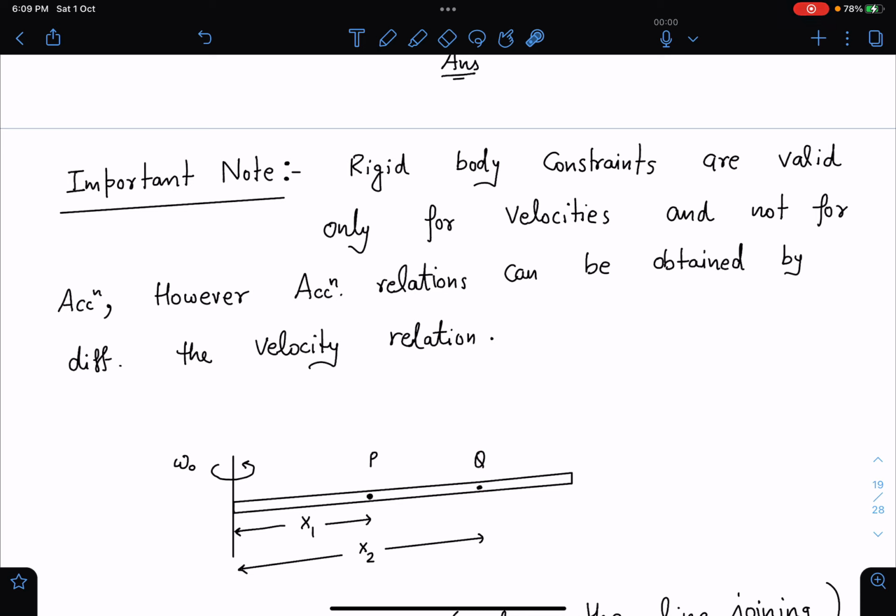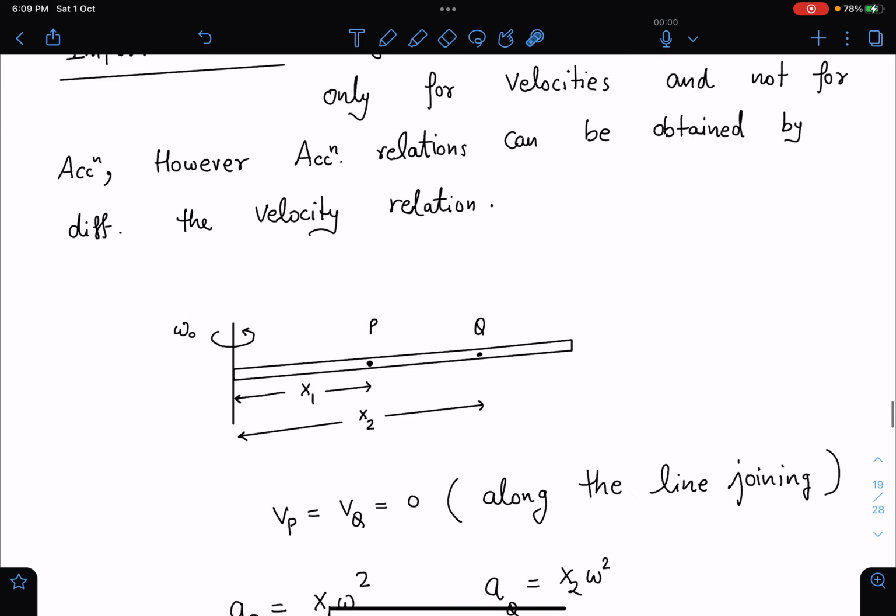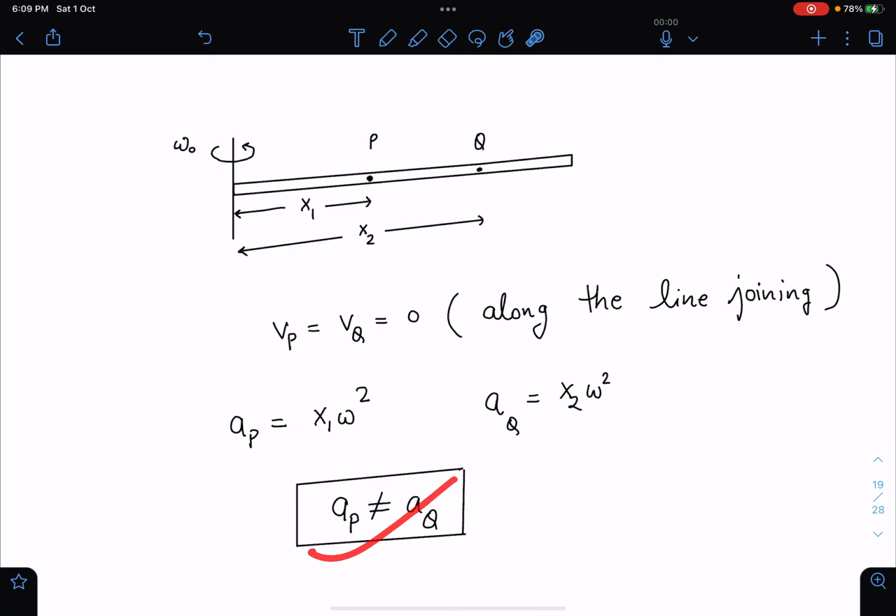But if you see acceleration, this has x1 omega square and this has x2 omega square. So you can see they will never approach each other, but still they have different accelerations. So the acceleration condition will never apply in finding the relation. We get the velocity and we differentiate it. That is what constraint relations are all about.